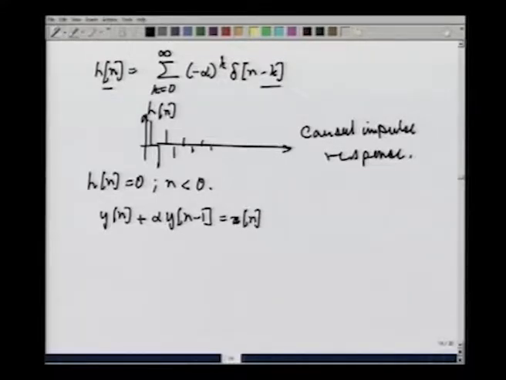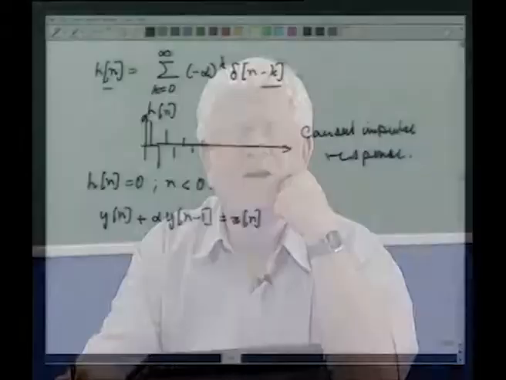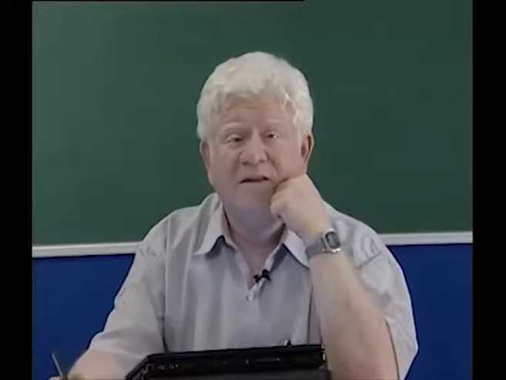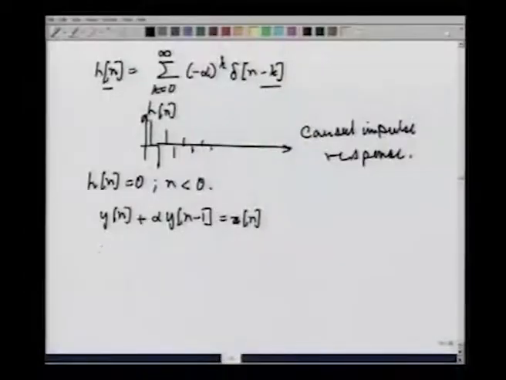If we go back to this equation, we can probably trace what we believe is the reason why this system is causal. We will say that y[n] recursively depends upon y[n-1], where y[n-1] represents a point of the output to the past of y[n].